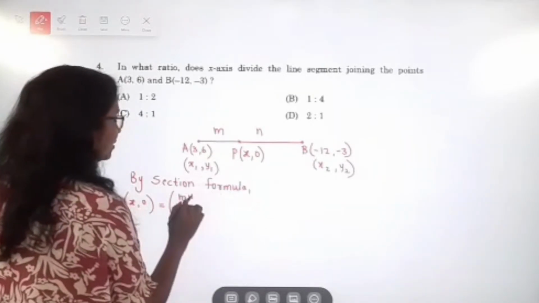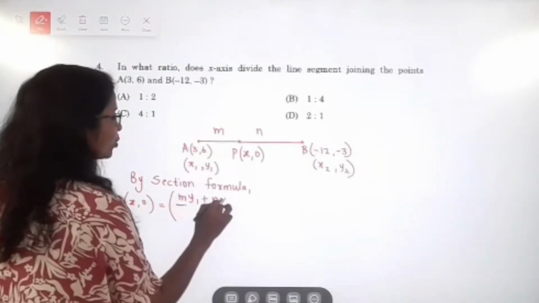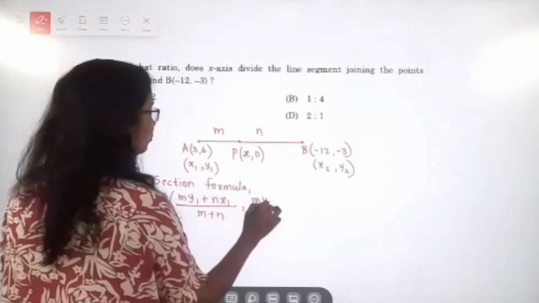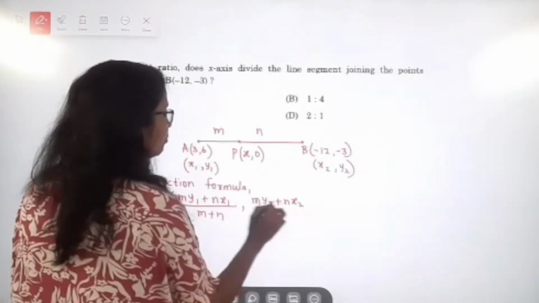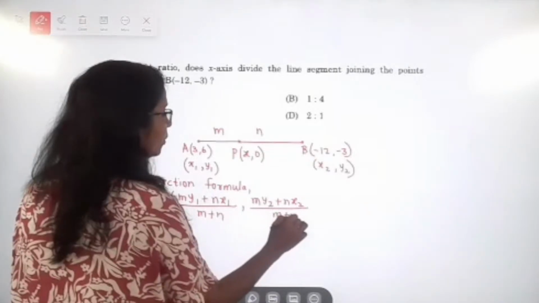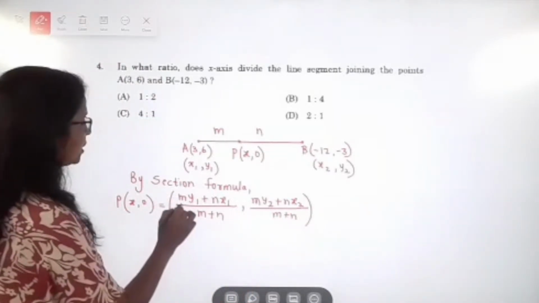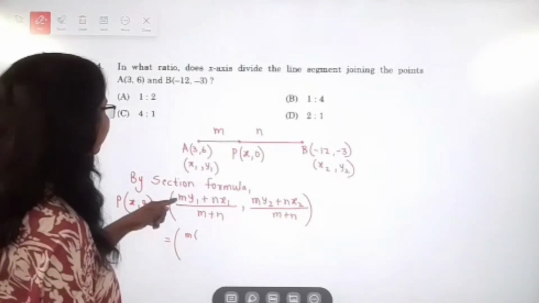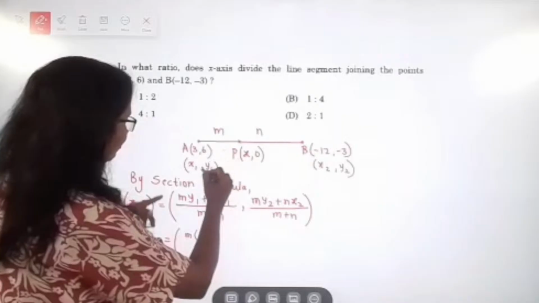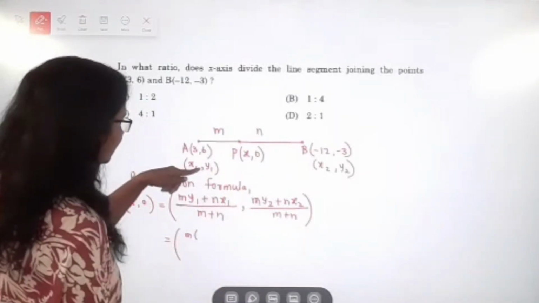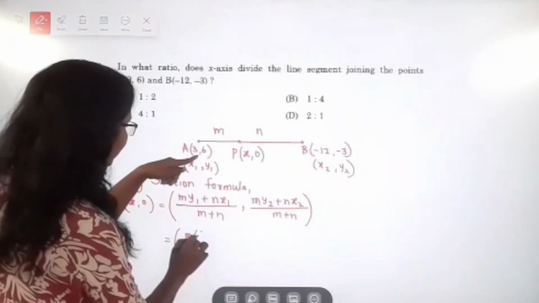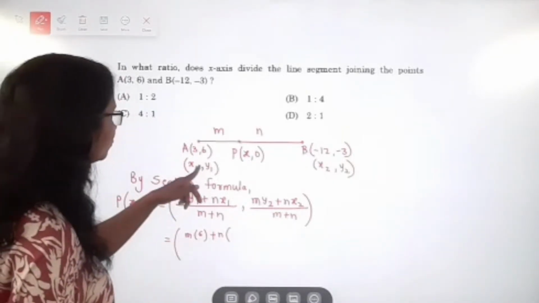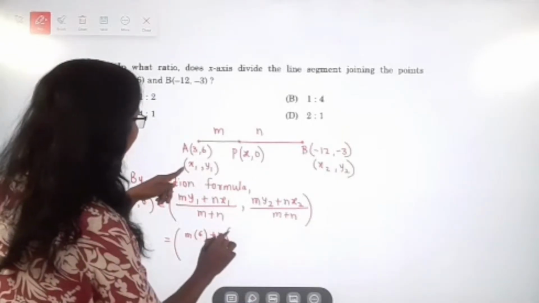Sorry, students, so here y1 is 6 and x1 is 3.